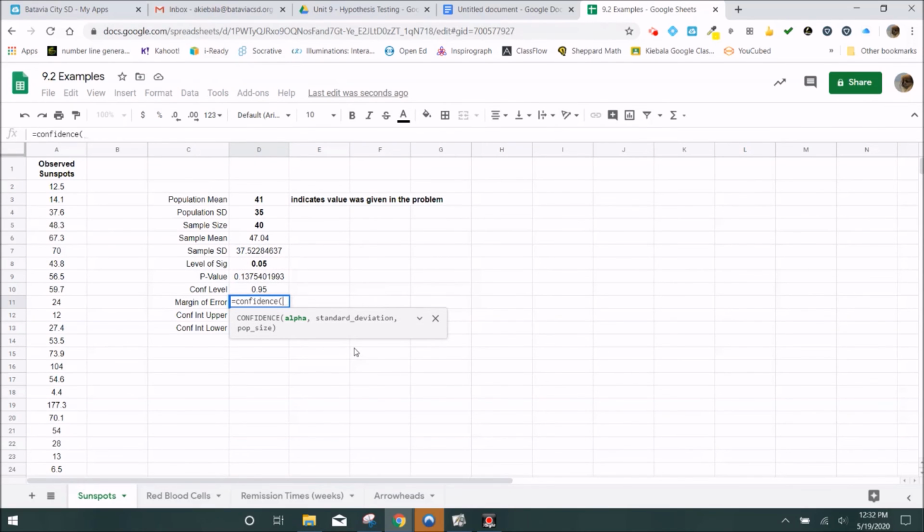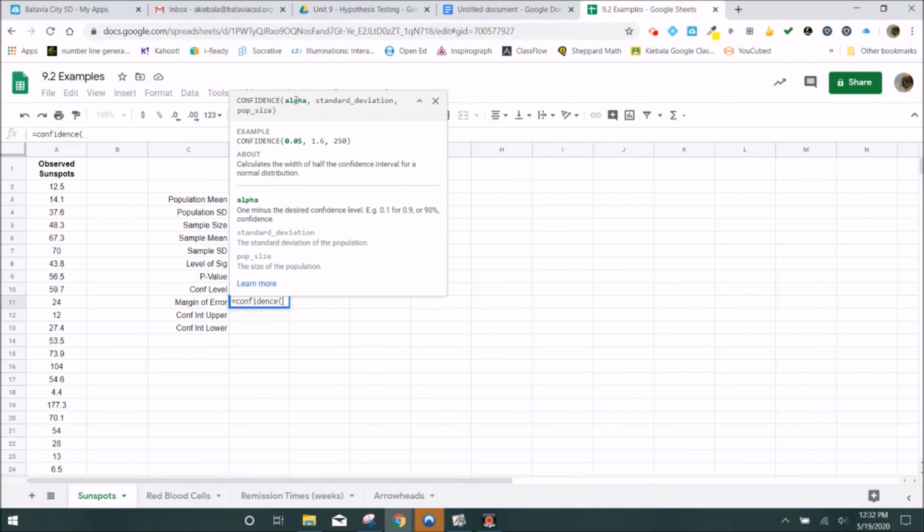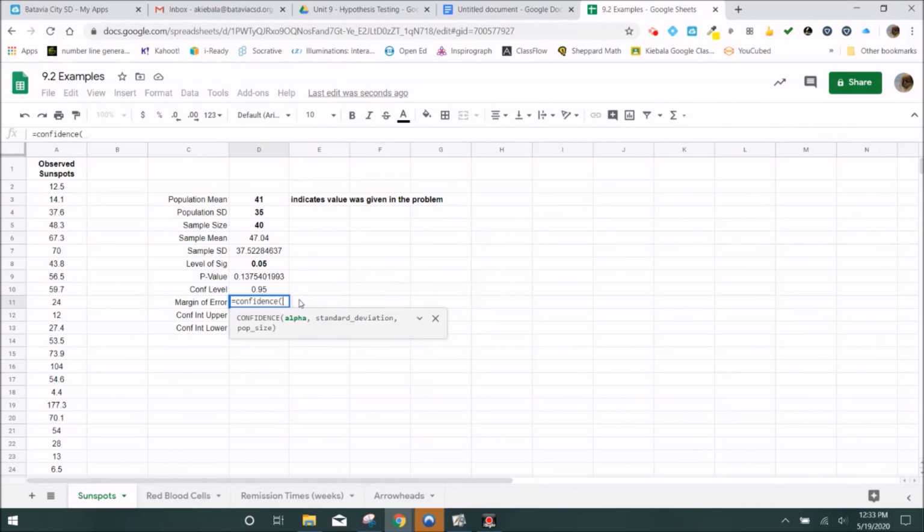Now this is where it gets confusing because they use this word alpha, and we have been using alpha for level of significance. They're using it as the confidence level. And they also do it, if you want a 90% confidence level, then you would enter 0.1. We want 95%, so we're going to enter 0.05.